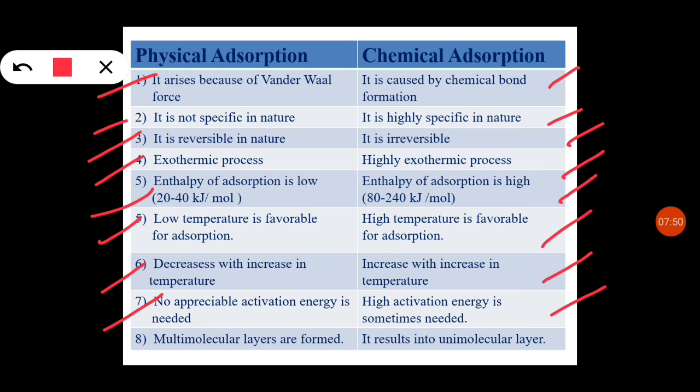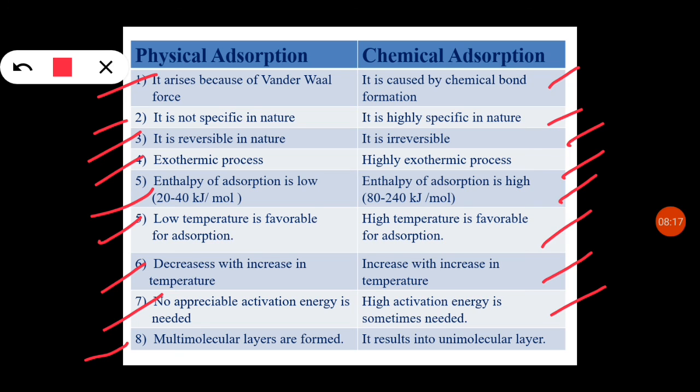Now the last point you have to understand: multimolecular layers are formed in physisorption because there is only physical attraction between the molecules of adsorbate and adsorbent. Once a layer of adsorbate is formed on the surface of the adsorbent, the adsorbent can still attract more adsorbate molecules and different layers may be formed.